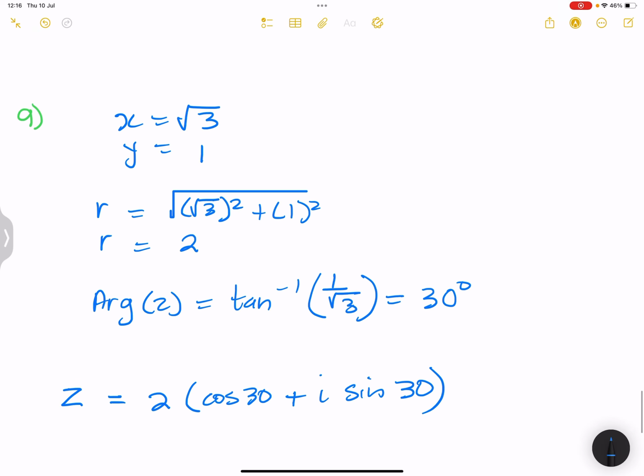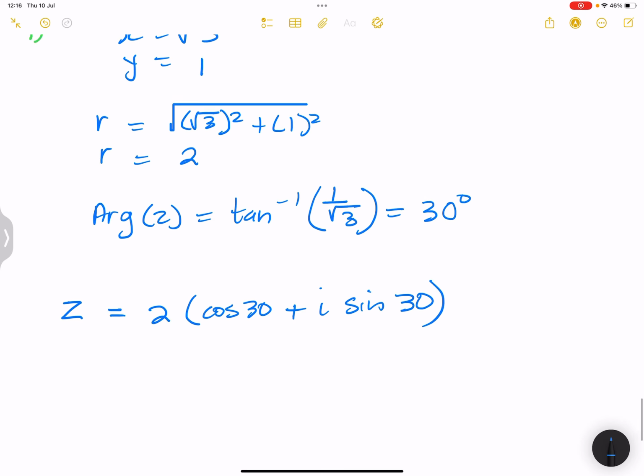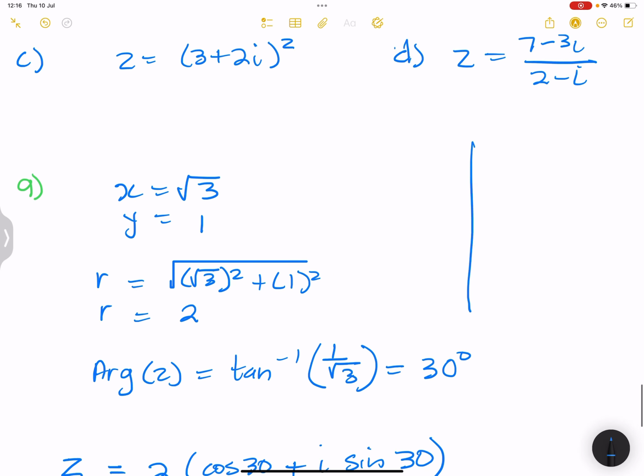Ladies and gents, I'm going to leave it here. By the way, I had said that please try to draw this. The examples that I'm doing are in the first quadrant for now, but of course we will explore having them in different quadrants as we go along. Our x value was root 3, so that's square root of 3 over there, and you've got 1 over there.